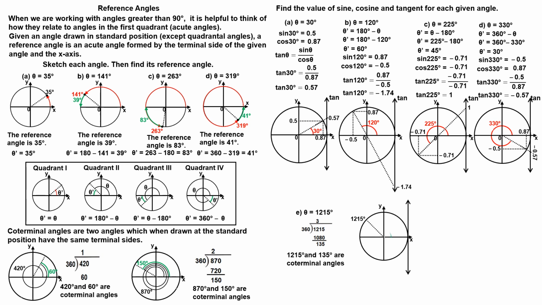So, cosine, sine, and tangent of 1215 degrees are the same as those of 135 degrees.